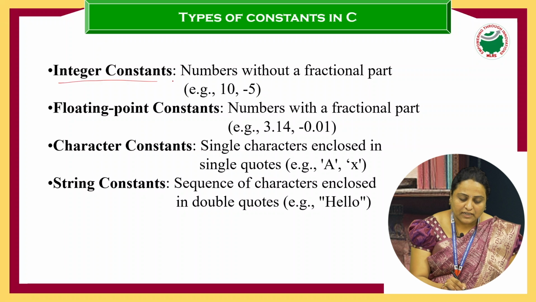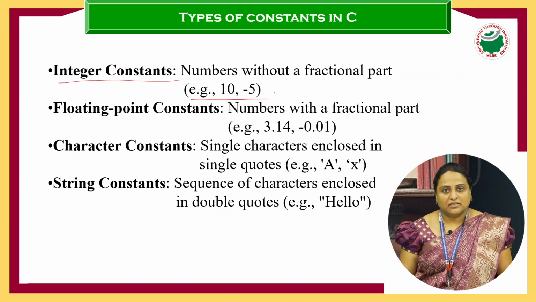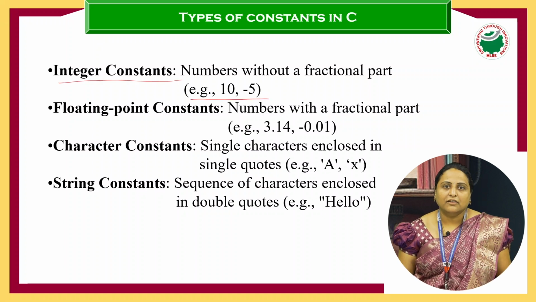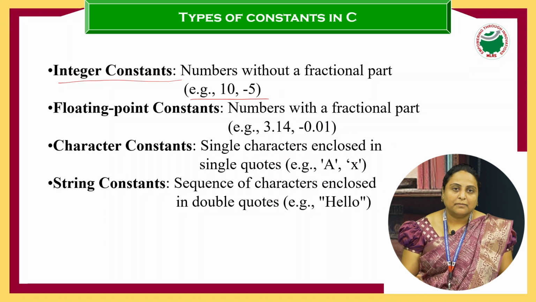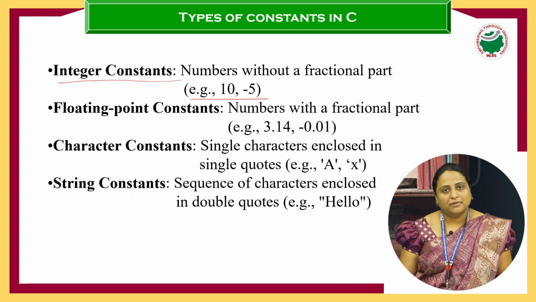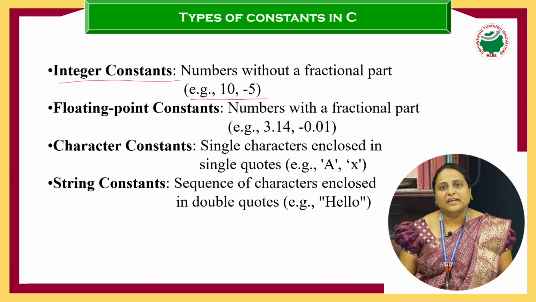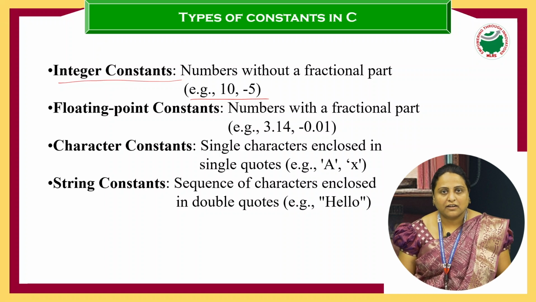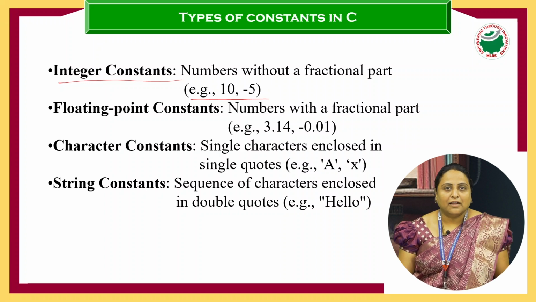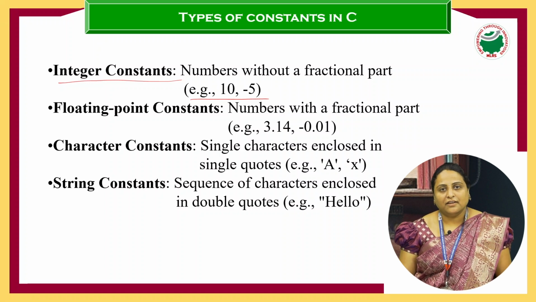Integer constants are all numbers, whether positive or negative. If you take the number 10, I can't write any other number in the place of 10. 23 cannot be replaced with any other number, or minus 95 either. All positive or negative numbers without a fractional part come under the integer data type in C, so we call them integer constants.